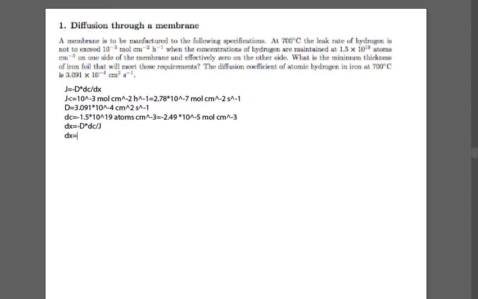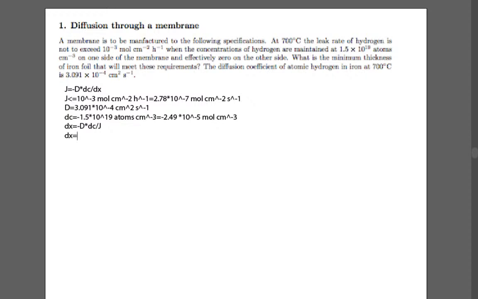The D here is 3.091 times 10 to the power of negative 4. And then you multiply it by the dC, which is 2.49 times 10 to the power of negative 5.